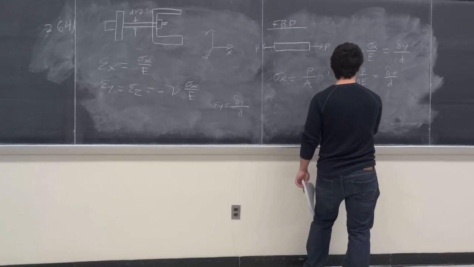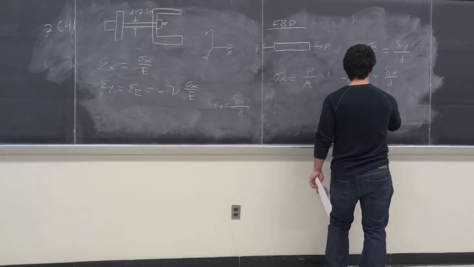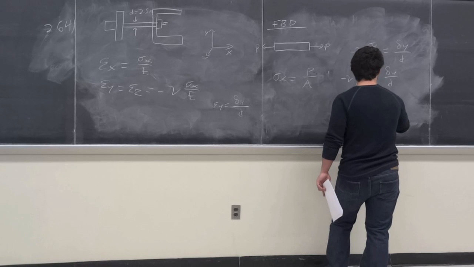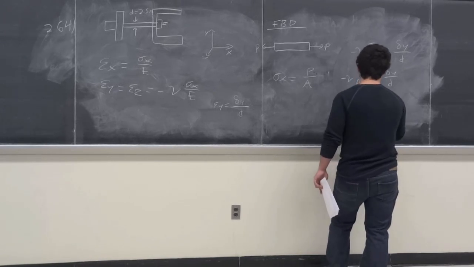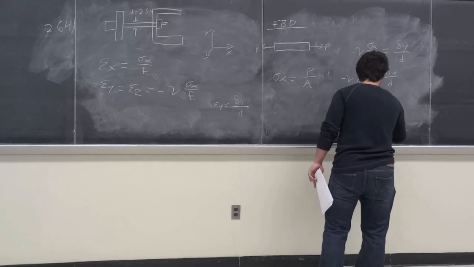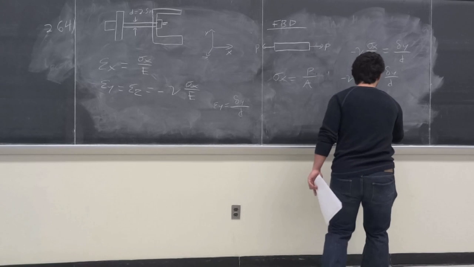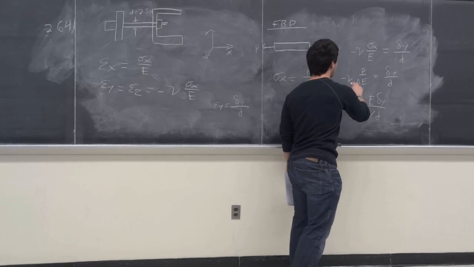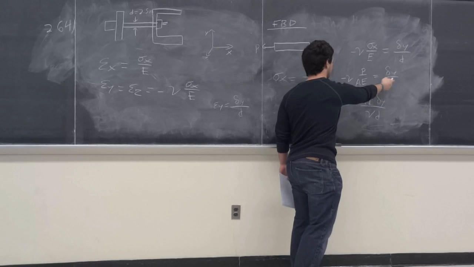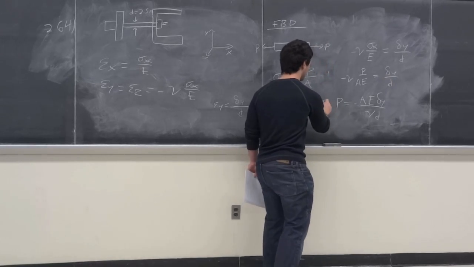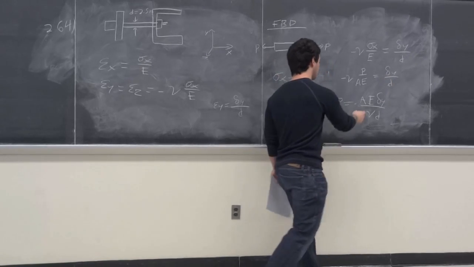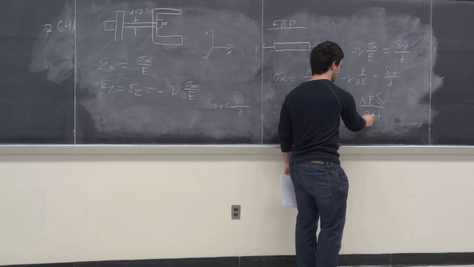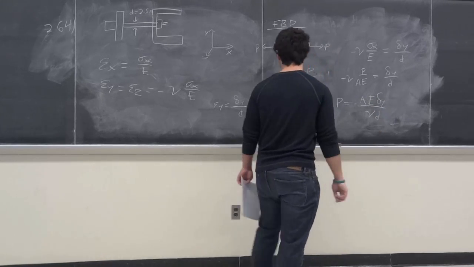So P is equal to AE delta y, this is minus, over mu, and there's a d here, so I move this over here. I divided this, and this is over here, so I solve for P. This is the equation for P. We know this, this, this, this, and that, so you get the answer.